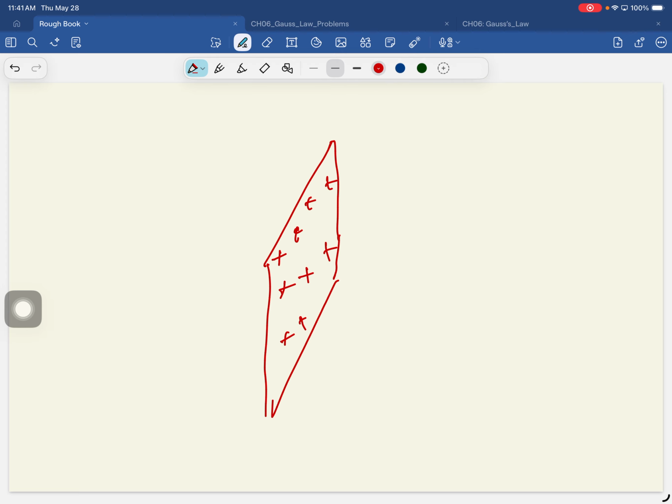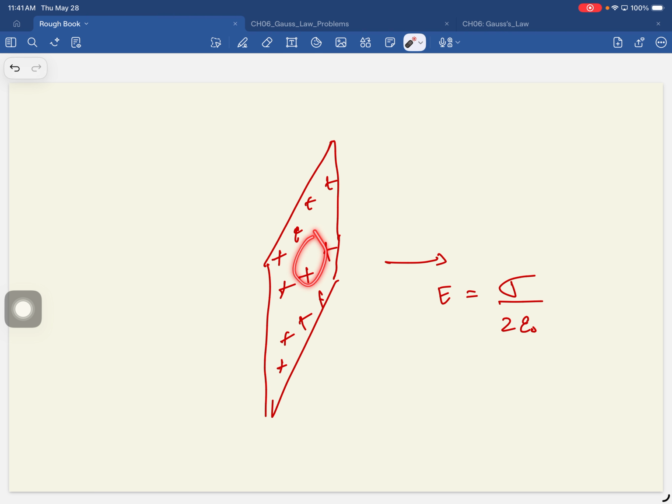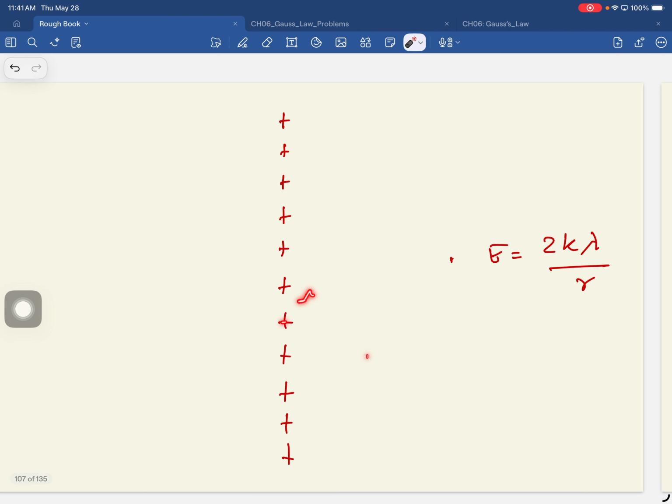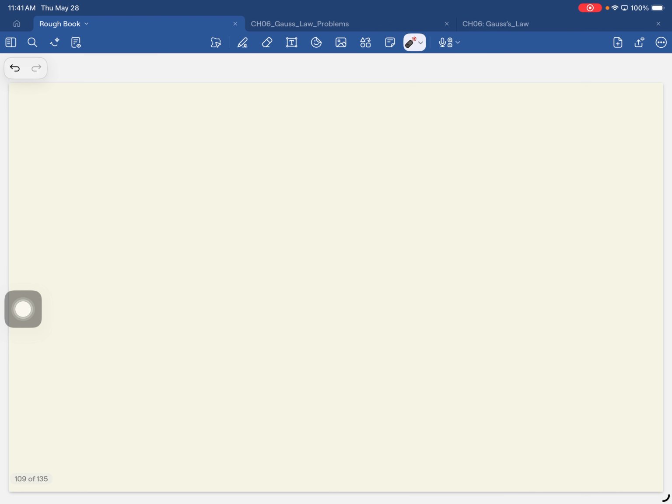Anybody remember what the value of A dot B, the dot product of 2 vectors, is? AB cosine theta, where theta is the angle between them.